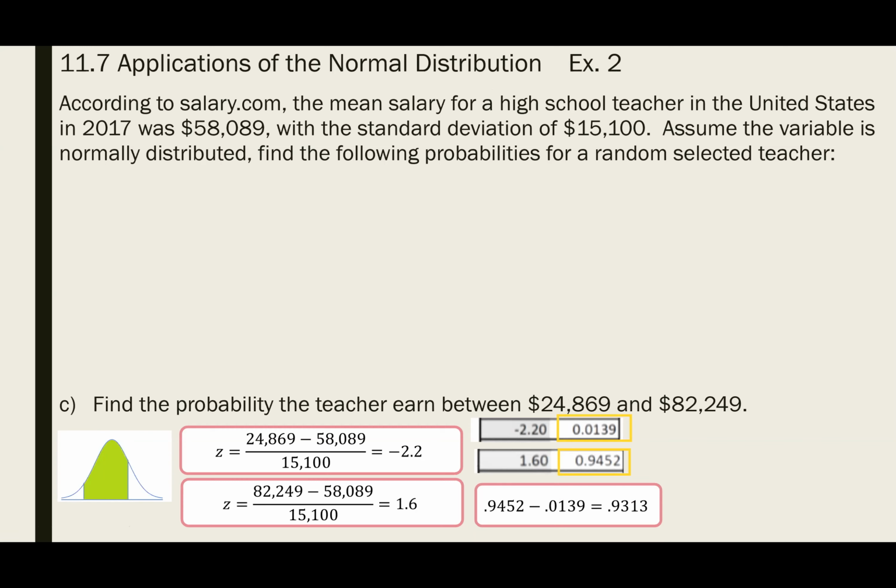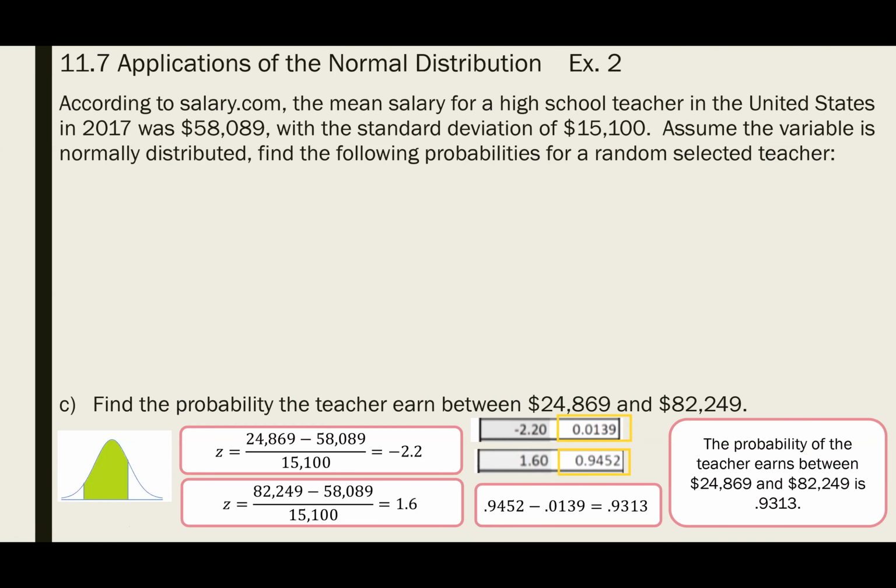If you take 0.9452 minus 0.0139, you will get 0.9313, meaning that if you select one high school teacher, the probability that the teacher's salary is between 24,000 and 82,000, to be short, is 0.9313, meaning roughly 93% of the teachers will be between those salaries.